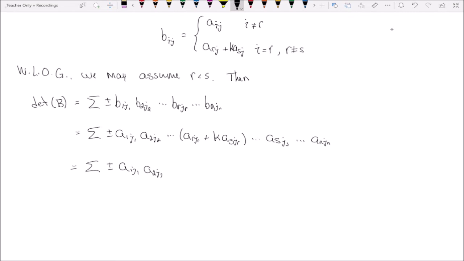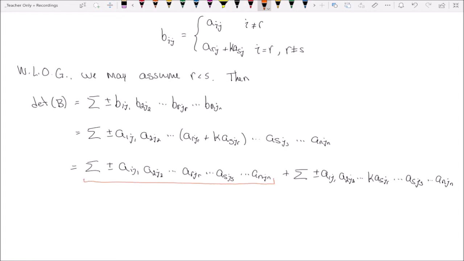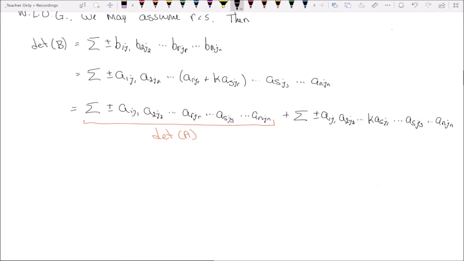First is this. And then the second is this. Now, this first term is the determinant of A. Right? So take a look now at the second term.